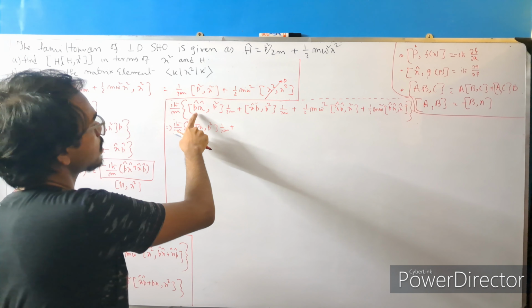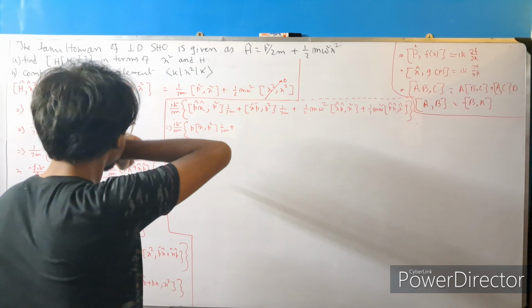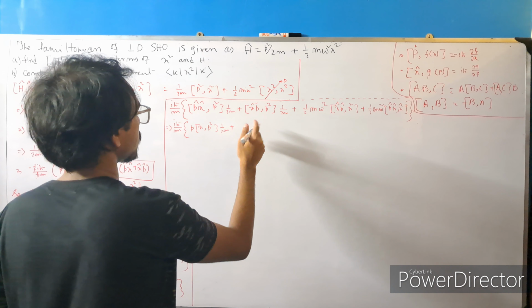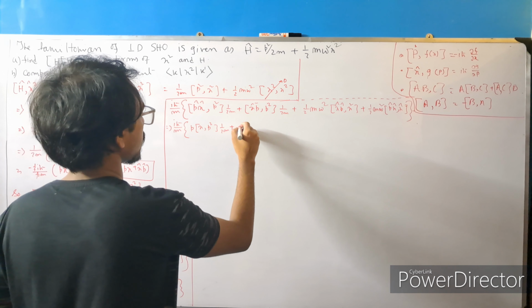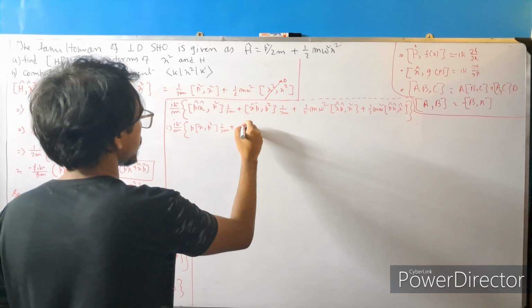The other term will get 0 because P with P square will give me a total 0. Plus again the same thing will happen, but here the X will be on the P will be on that side.